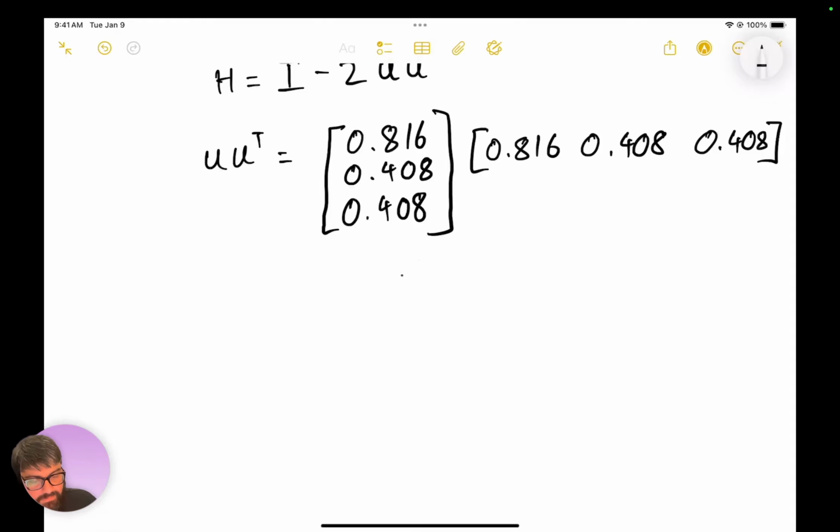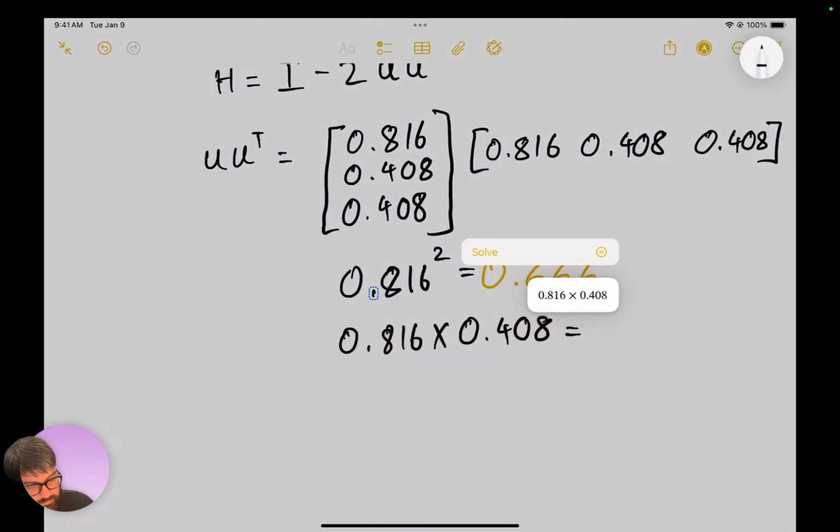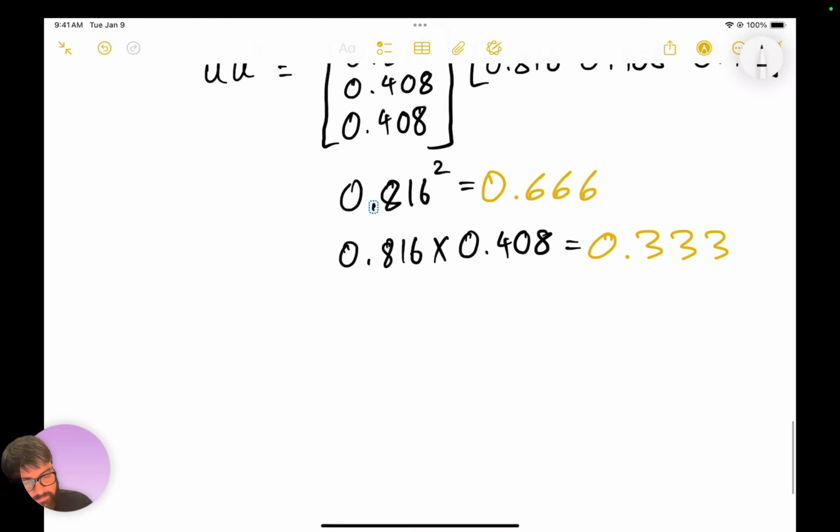So there's essentially only three calculations there. There's 0.816 squared. Let's solve for that. That's 0.666. Okay. Then 0.816 times 0.408, which equals 0.333.